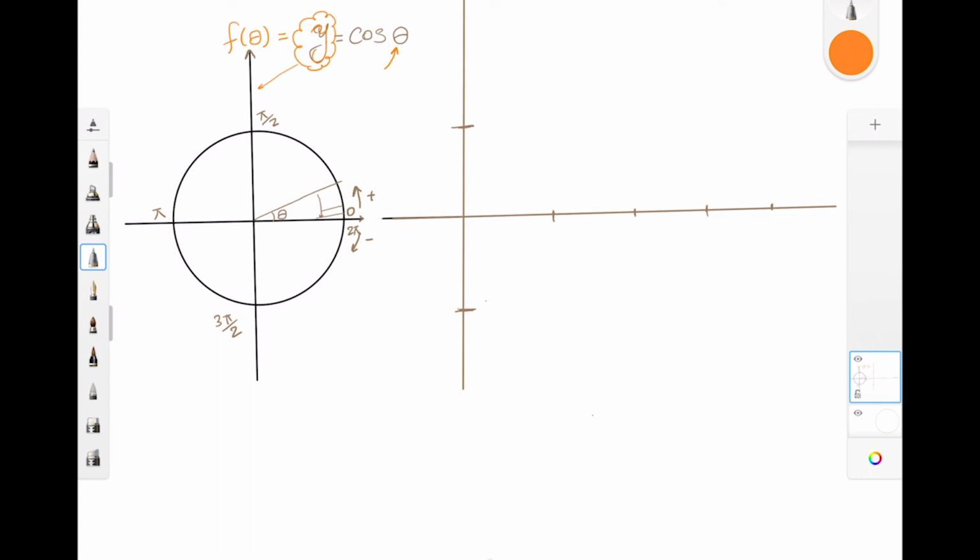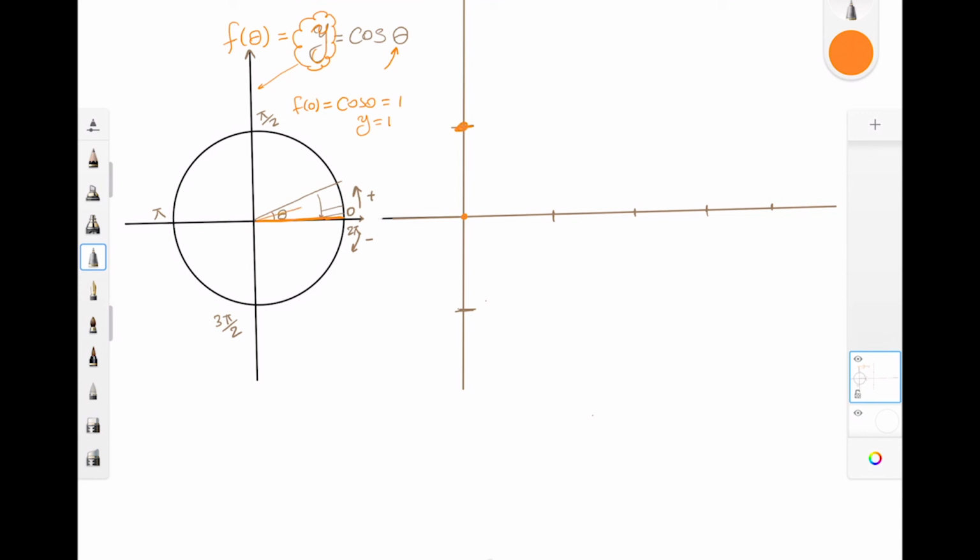So when theta is 0, the value of cosine of 0 equals 1. So f of 0 equals 1, or y equals 1. So at 0, we're going to start at 1. So this is one point on the graph.